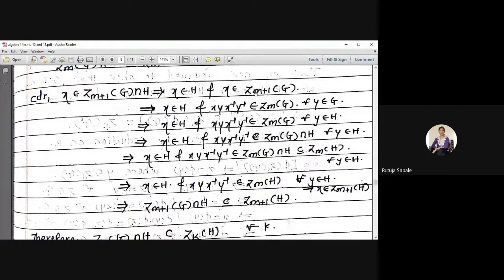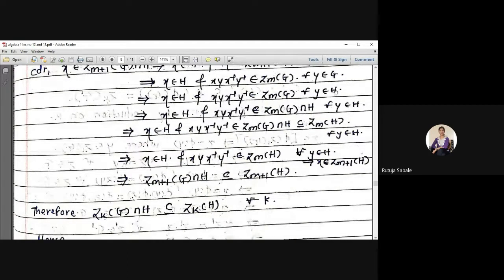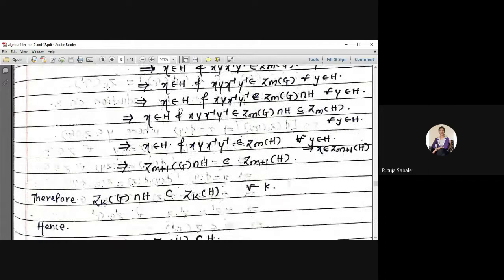The definition of Zm plus 1 of G is x inverse y inverse belongs to Z of m plus 1 minus 1 of G. But plus 1 minus 1 gets cancelled, so only Zm of G is there, for all y belongs to G. This is the definition of Zm plus 1 of G. If x is any element from Zm plus 1 of G, then using the definition we have this: x belongs to H and x inverse y inverse belongs to Zm of G for all y belongs to H.